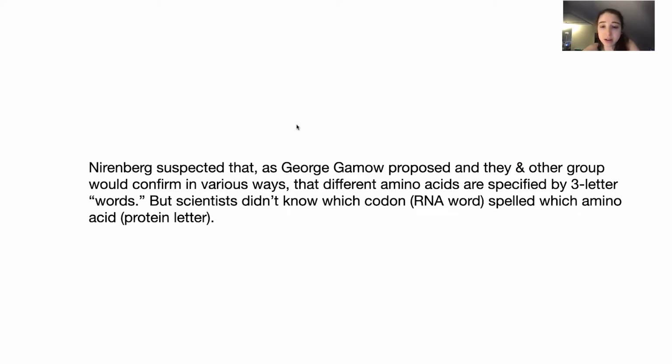They suspected, as George Gamow had proposed, and I'm not going to try to give a conclusive history; I just want to give people credit where credit's due, when I know where it's due. Other groups would confirm in various ways that there were 3-letter words, but they didn't know which one spelled which amino acid. So basically, cracking the code is figuring out which words spell which amino acids.